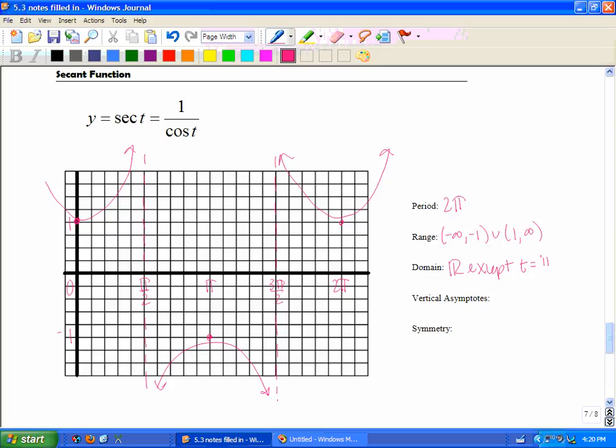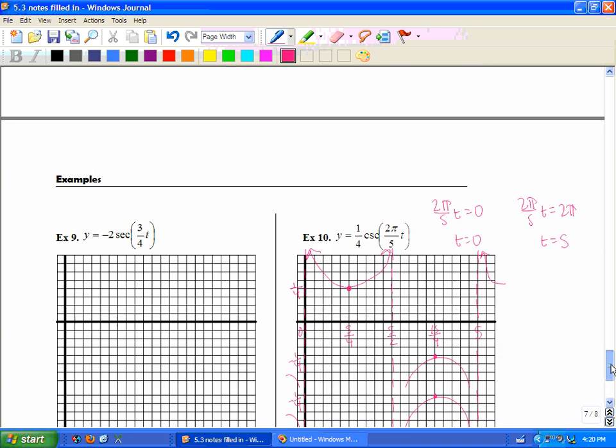So we have to say it's pi over 2 plus k pi. So each asymptote is pi distance apart. And so we'll just recopy that part of the domain as our vertical asymptotes. And then this one has even symmetry since it's based off the cosine graph.